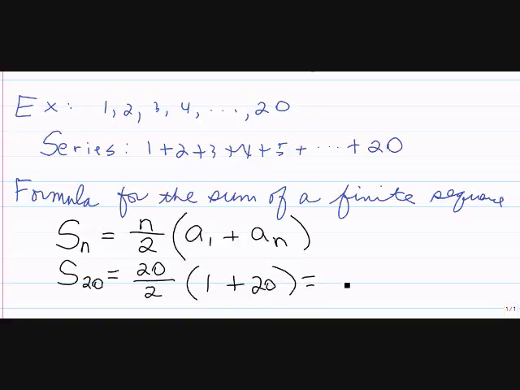So that'd be 10 times 21, which is 210. Which you could get from adding 1 plus 2 plus 3 plus 4 plus 5 in your calculator. You could do that, and you'd come up with 210 also. But this is a little easier way. Okay.